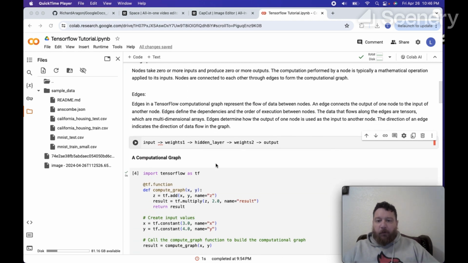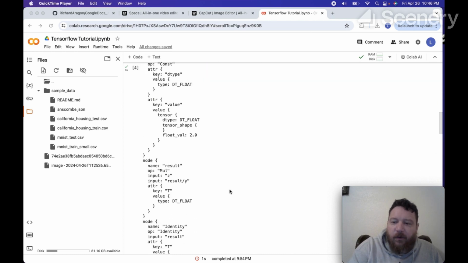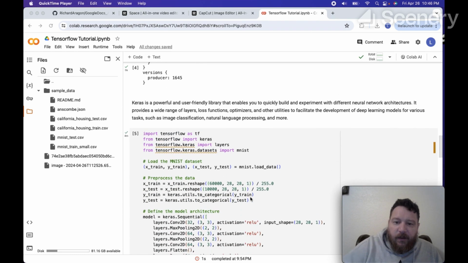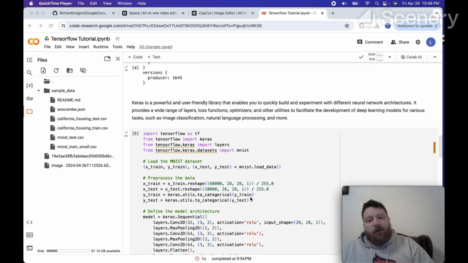These nodes and edges build together into computational layers, which we can then build into computational graphs. And then using our front end, which is Keras, built on top of TensorFlow, we can simplify this entire process.